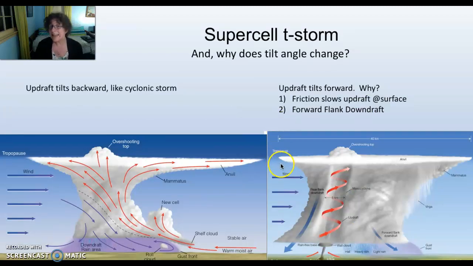And why does the tilt change in here? Well, the tilt changes for 2 very specific reasons. First of all, that tornado impacts the surface. So a supercell thunderstorm can rotate without coming down to the surface, but once this impacts the surface, it has all kinds of friction.